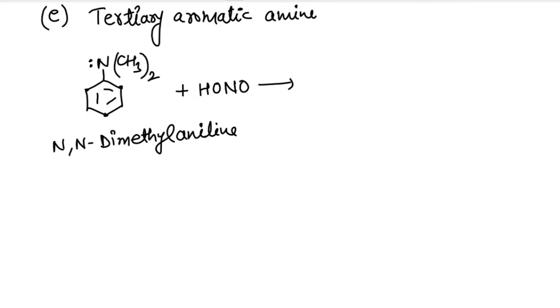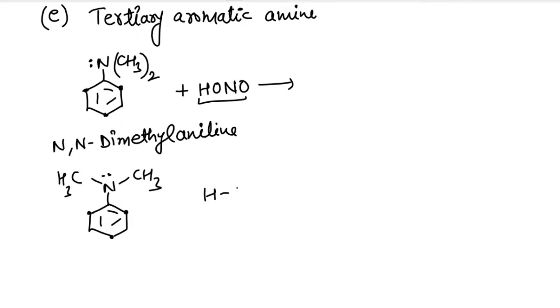Ortho positions are sterically hindered because of these bulky groups. It is like this. Because of the bulkiness of the groups, these positions are not appropriate for the electrophile to attack, but the para position is sterically less hindered. That's why HONO, HCl is there in the mixture.